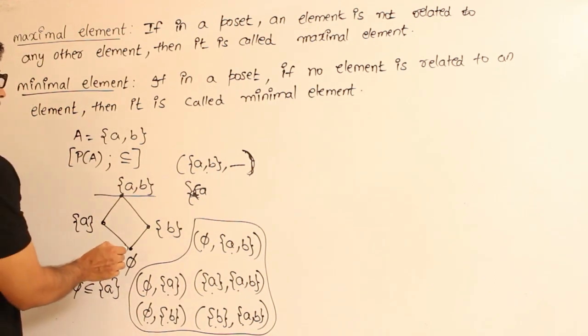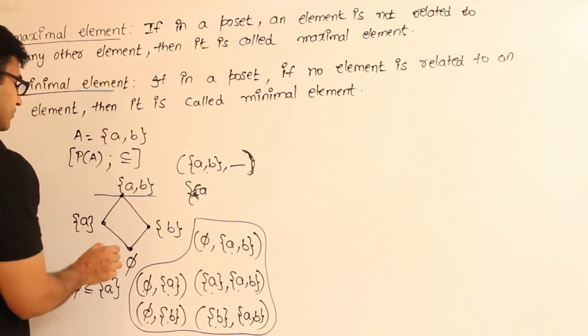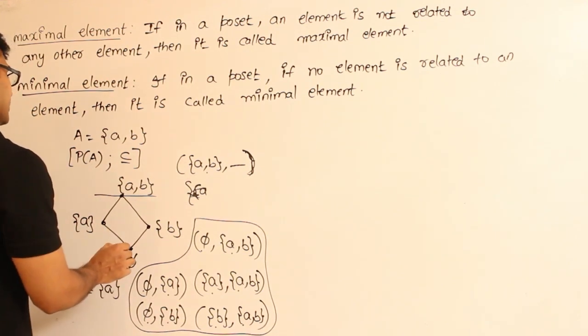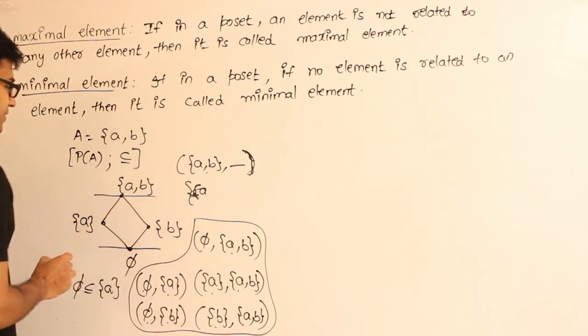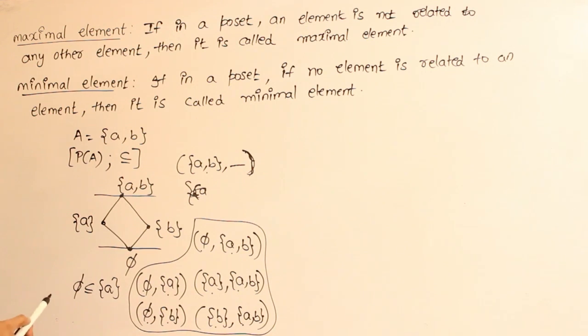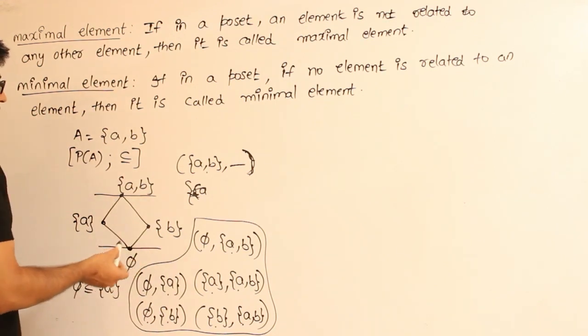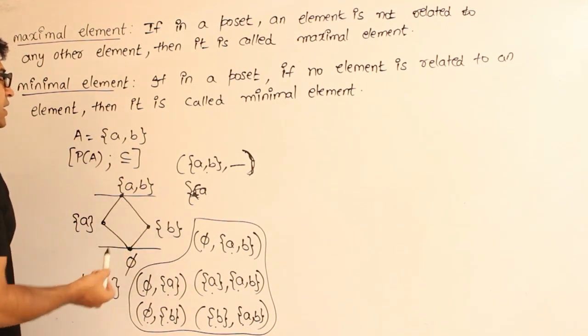Similarly, you can see that phi is present in the least level or the lowermost level, right? One other way of saying it is that no element is related to phi.